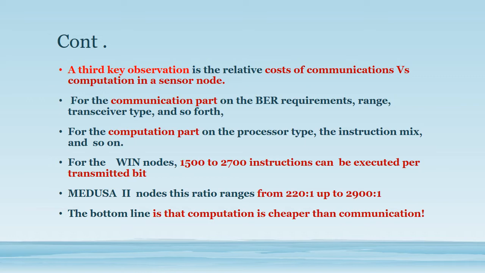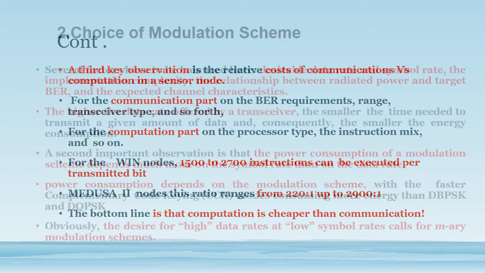We can see one particular transceiver will execute 1500 to 2700 instructions to transmit one bit. In a similar manner, the second transceiver is also representing 200 to 2900 instructions per bit. So the overall conclusion is, your communication cost or power requirement is more compared to computational power requirement.